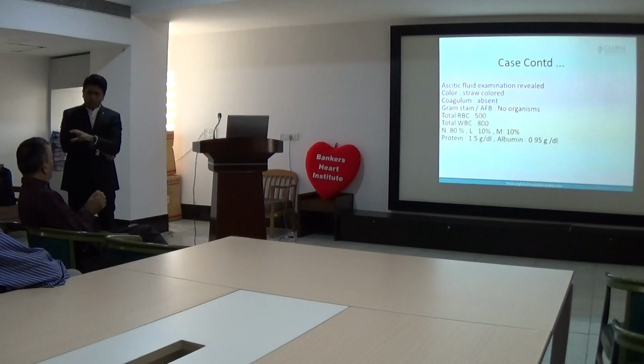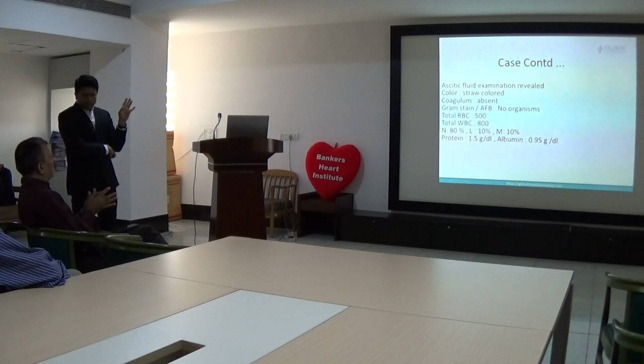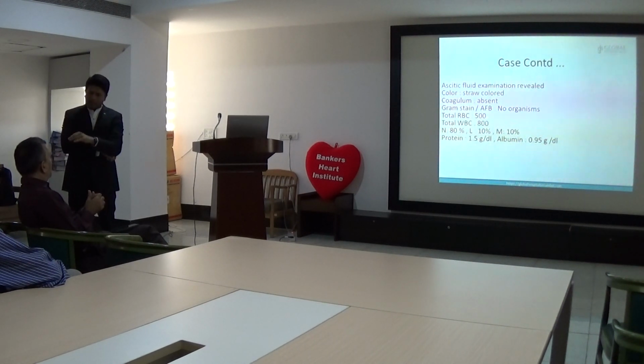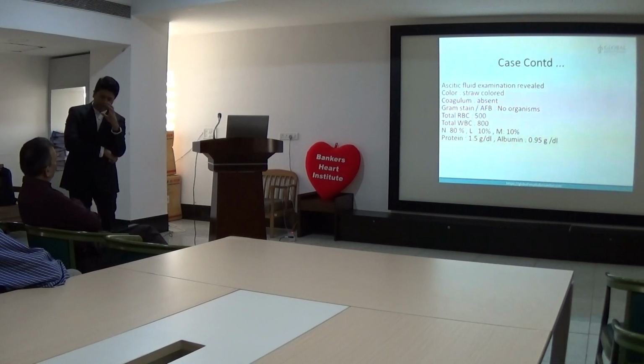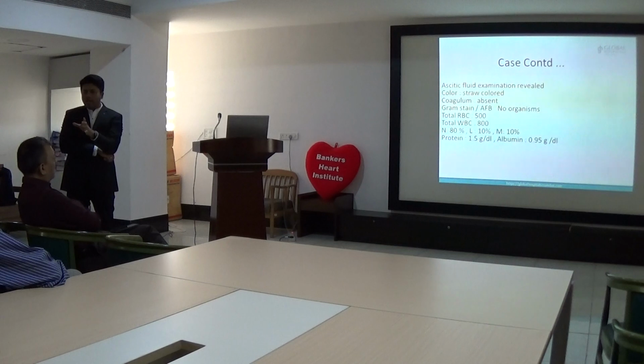The fluid was straw colored, so some amount of RBCs is expected. It is only when you have 10,000 RBCs, or rather than a straw colored fluid you have a hemorrhagic tap or a completely red tap, that you can have some fallacies in the WBC count correction.